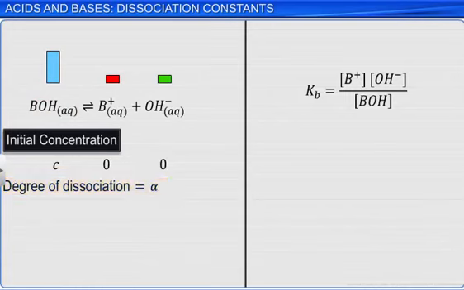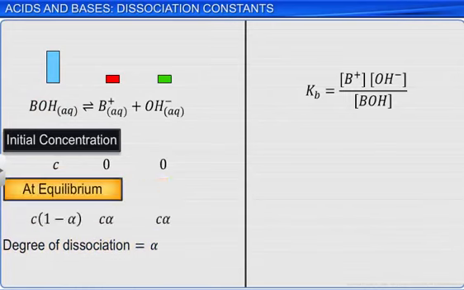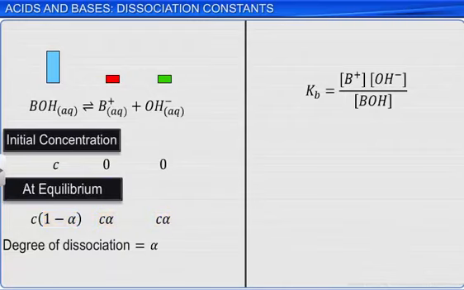At equilibrium, the concentration of the reactant will be C multiplied by 1 minus alpha and of the products C alpha each. The dissociation constant Kb for this dissociation equilibrium can be written as Kb is equal to the product of concentration of OH minus and B plus ions divided by concentration of BOH.